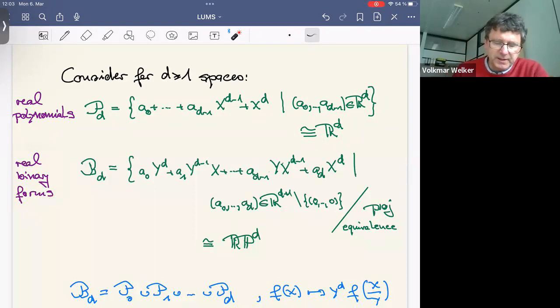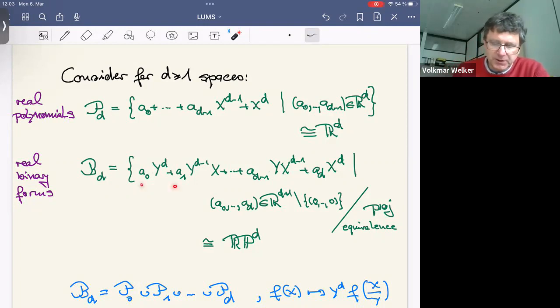Instead of a polynomial in a single variable, now we have two variables, x and y, and we consider forms of a fixed degree D. So we have y to the d, y to the d minus 1 times x, up to x to the d minus 1, up to x to the d as the monomials that appear in such a polynomial.